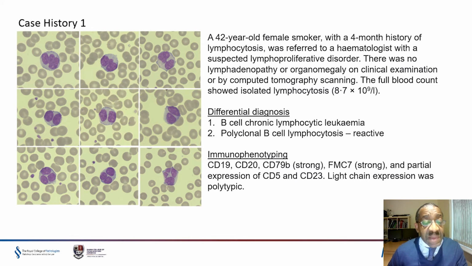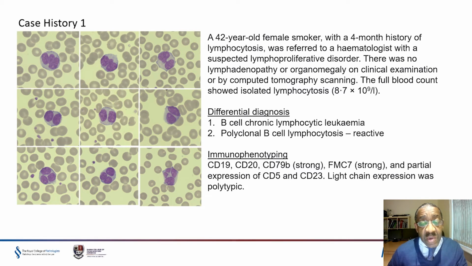It's important to note that lymphocytes can really look pleomorphic and can be difficult to determine the origin of with confidence. So you have a differential diagnosis. First, B-cell chronic lymphocytic leukemia, which is the commonest leukemia in the world, or is this a unique polyclonal B-cell lymphocytosis?